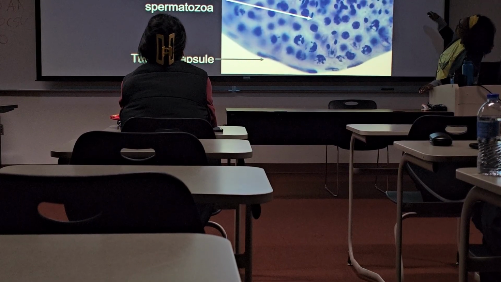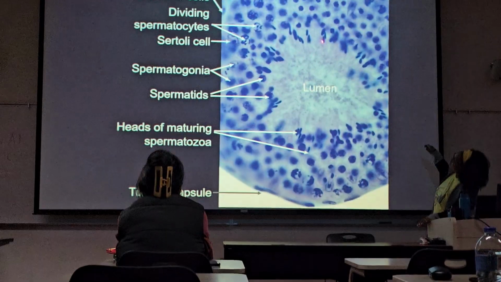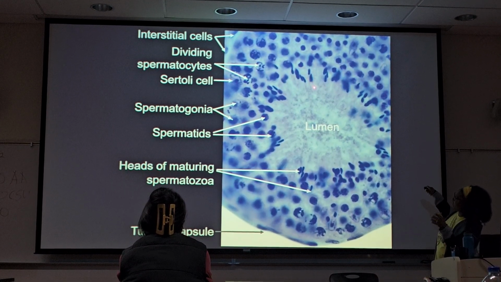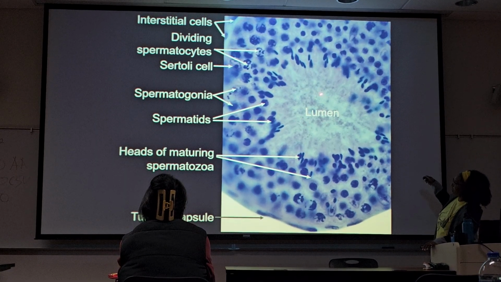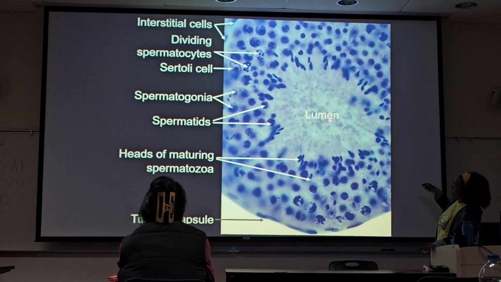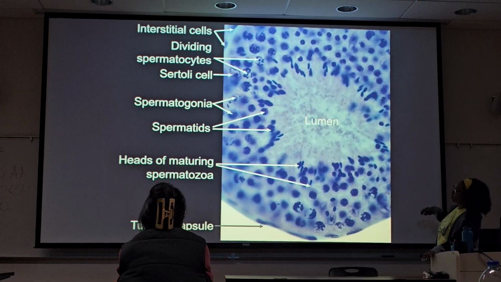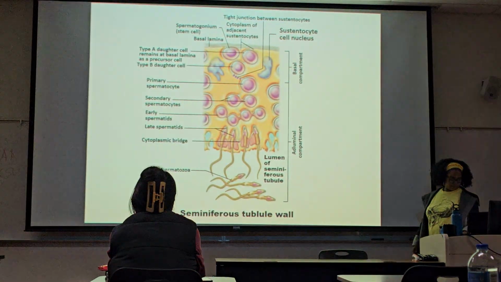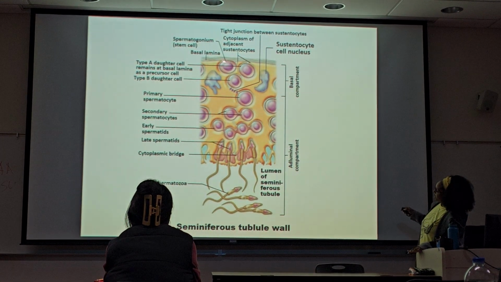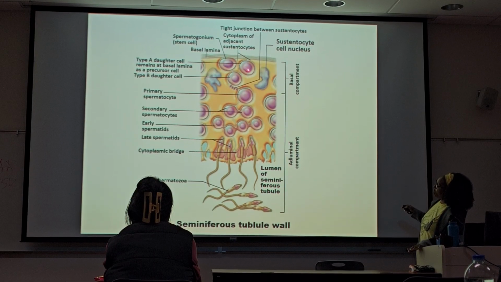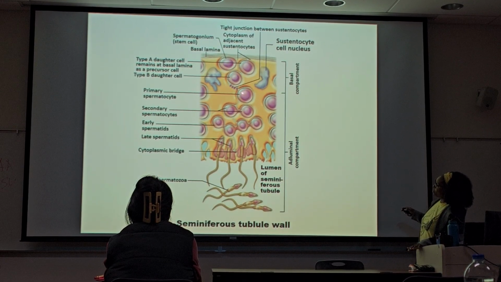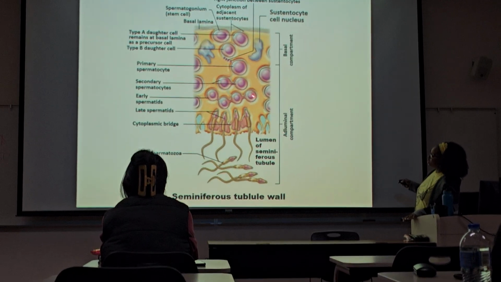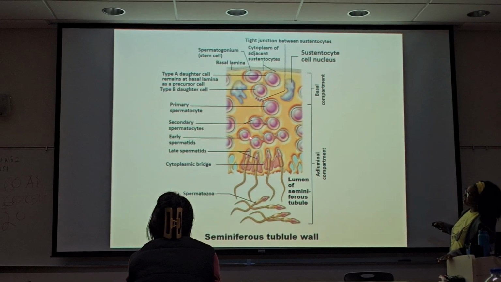And already they're starting to physically change too. They lose cytoplasm and the heads shrink. They'll elongate, they'll develop tails, and they'll enter into the lumen as spermatozoa. So there we go again, those stem cells in the walls of the seminiferous tubule go through the process of mitosis, meiosis, giving rise to 4 haploid spermatids.